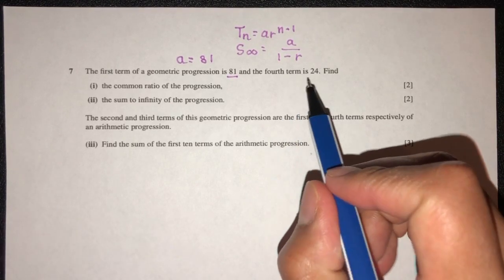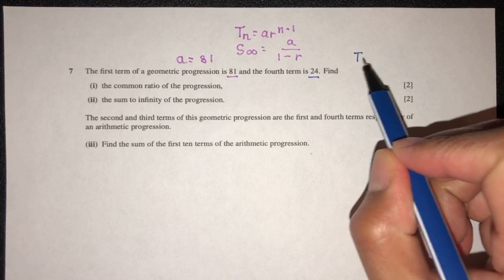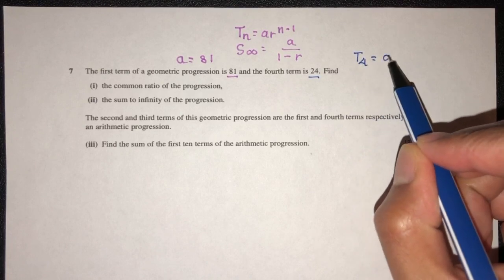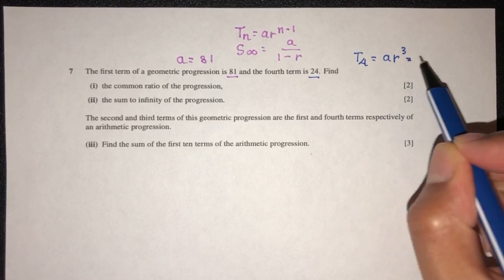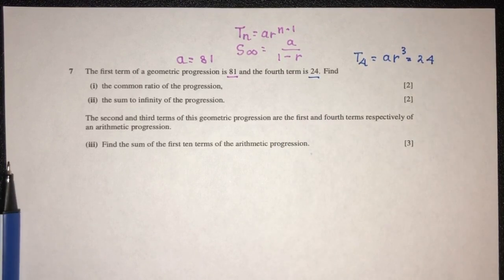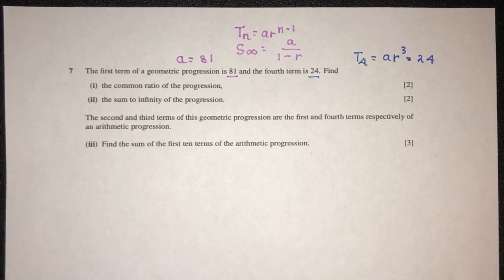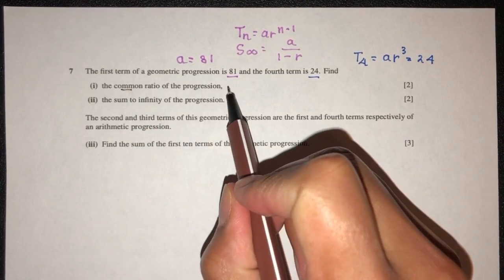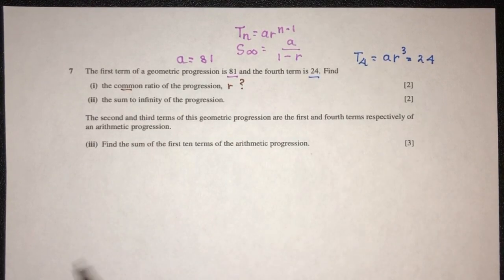And the fourth term here, which is T4, which will be ar^3, has to be 24. This is given to you by the question. Now, part 1, we have to find the common ratio, which is the value of r of this progression. So pretty easy.